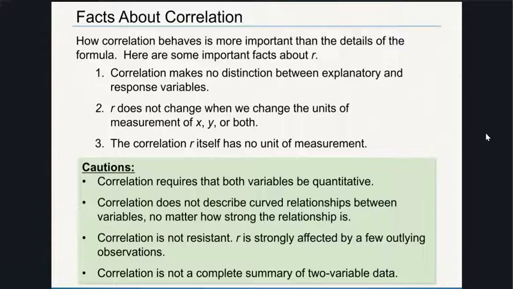Remember we talked about resistant and non-resistant measures, talking about median and mean. The median is a resistant measure because it resists outliers or data changes, and the mean is not resistant because it's directly impacted by changes in the data, whereas the median is only impacted by the location and the number of observations. So R is strongly affected by outliers.